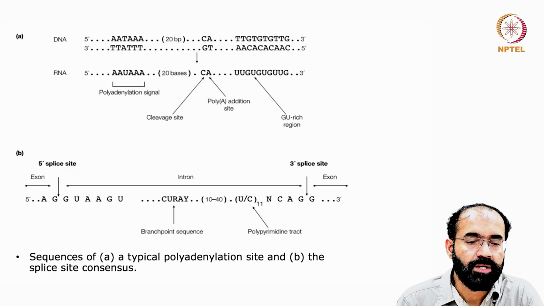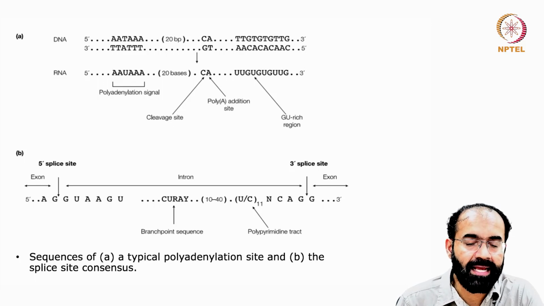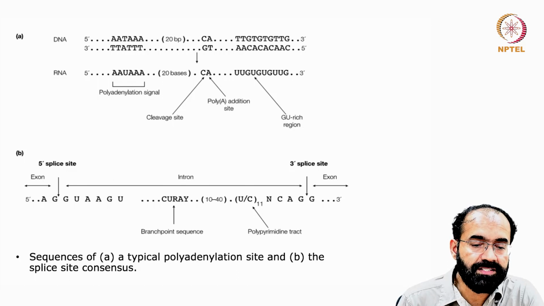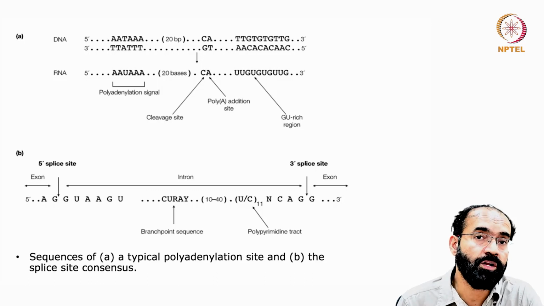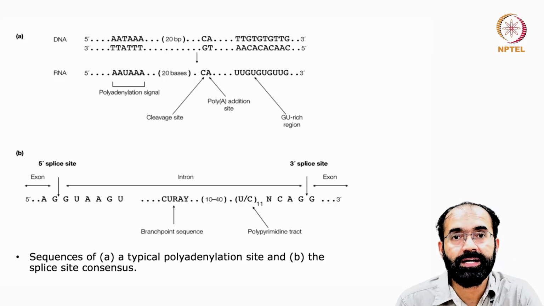You can see here you have a sequence AATAAA, and then you have 20 base pairs of any random bases, then you have a CA followed by TT, GT, GT, GTT, G. What is important to understand is that we are talking about the extreme end of a transcription unit, and AAUAAA is the polyadenylation signal, followed by any random 20 bases.